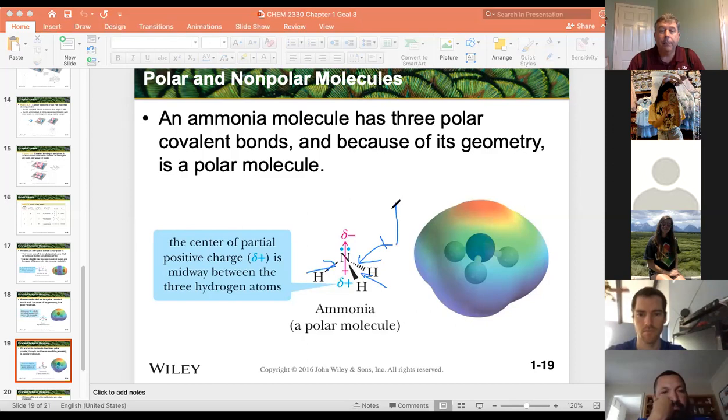But they each have an up component too, because this is at an angle. So all of those up components are aligned, and therefore we have a net polarity of the molecule in that direction. Hybridization is still sp3, but the polarity of those three bonds have a component that goes in the same direction. Therefore, we have a polar molecule.